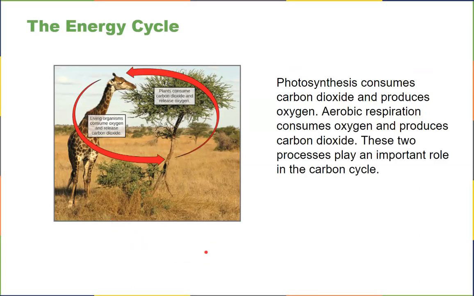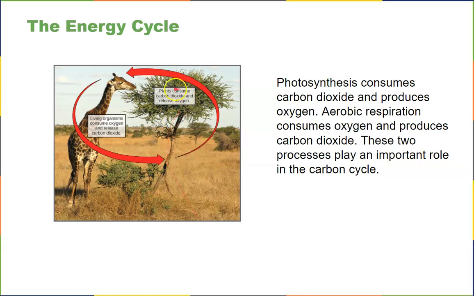All right, so let's just bring this full circle. So plants will do photosynthesis. They can also do cellular respiration, but overall they're going to do photosynthesis and create sugar. And then those sugars are stored in the plant for later use. So herbivores, or we can call them heterotrophs, right? Heterotrophs will consume the plant, and then they release molecules that the plant uses.